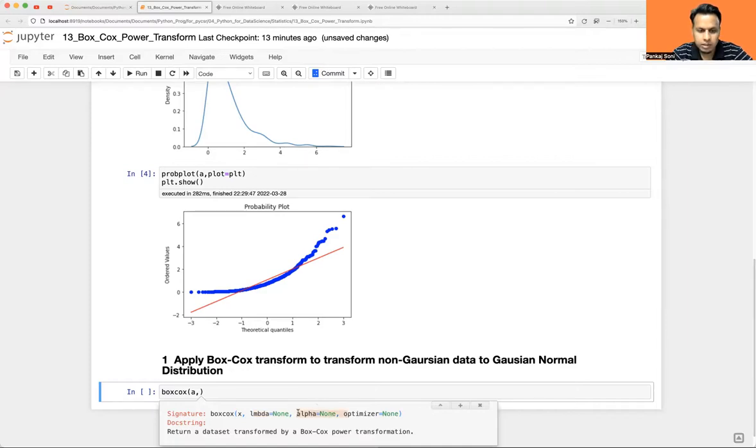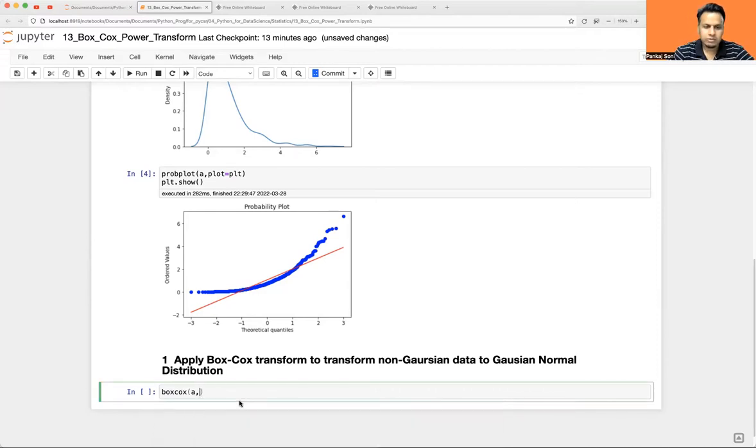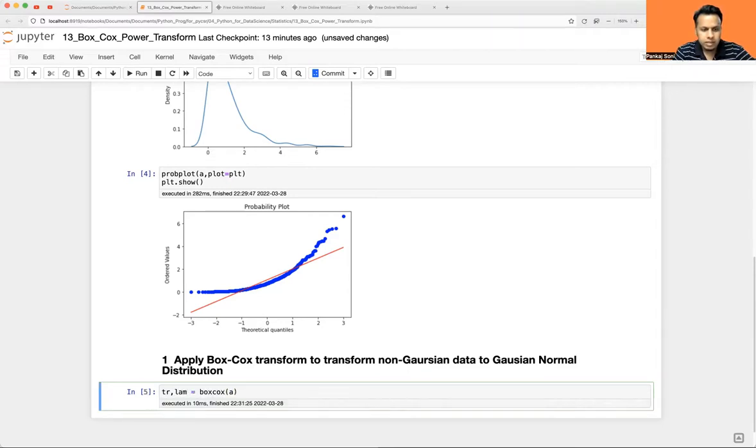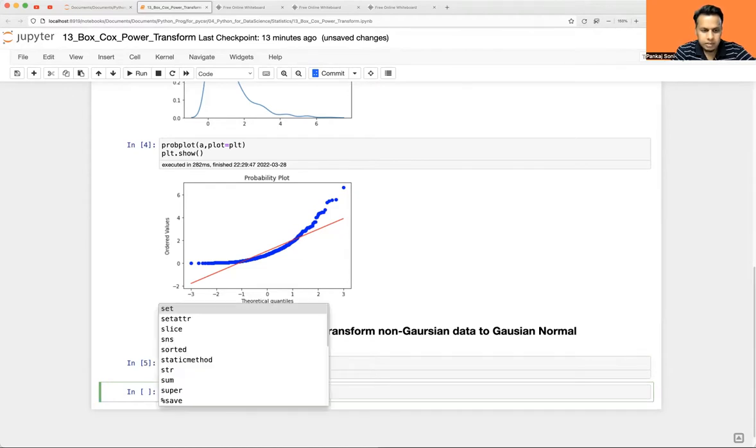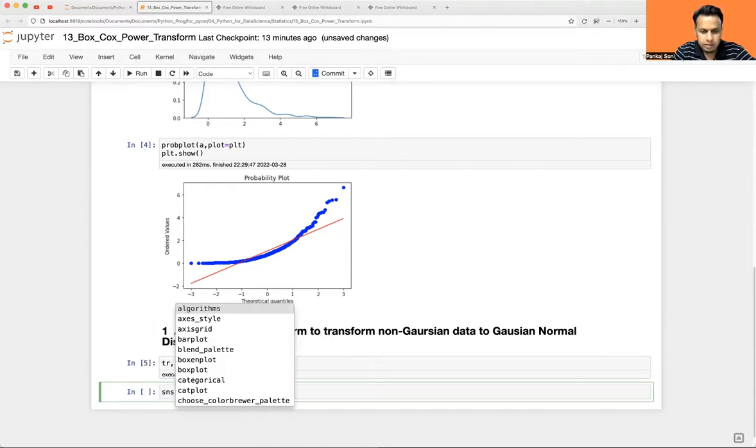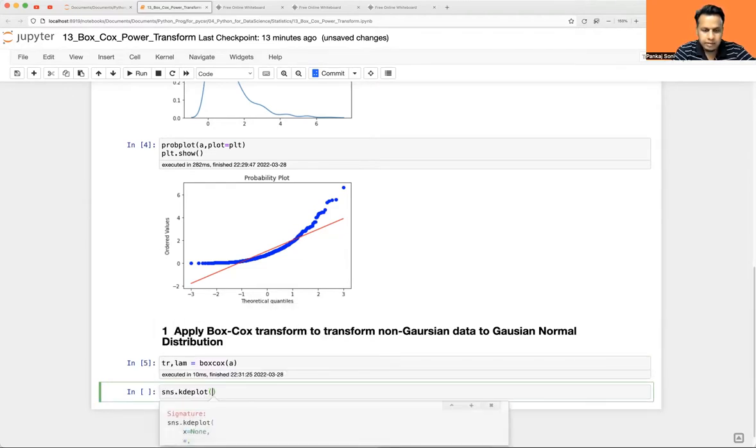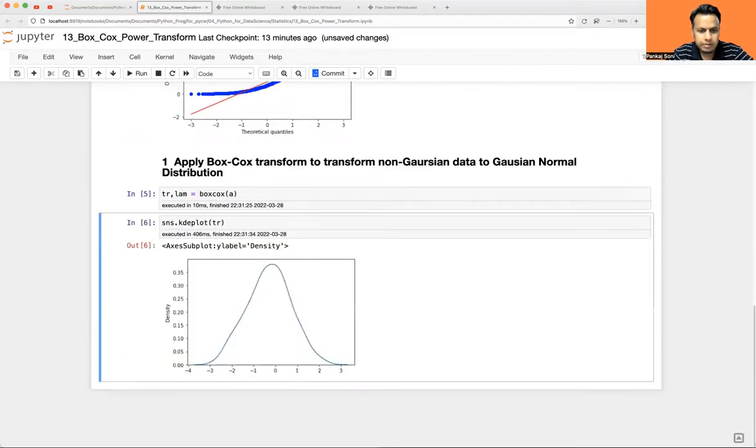And the optimizer also, just leave it as it is. Just provide the data which is going to be transformed. It is going to return the transformed values, which I'll call tr, and the lambda I'll call lamb. Let's use this, and after that I'm just going to plot sns.kdeplot of tr. Let's see what happens.